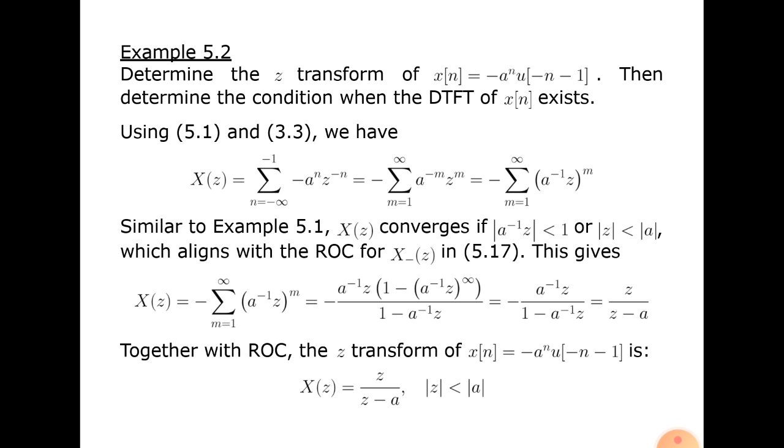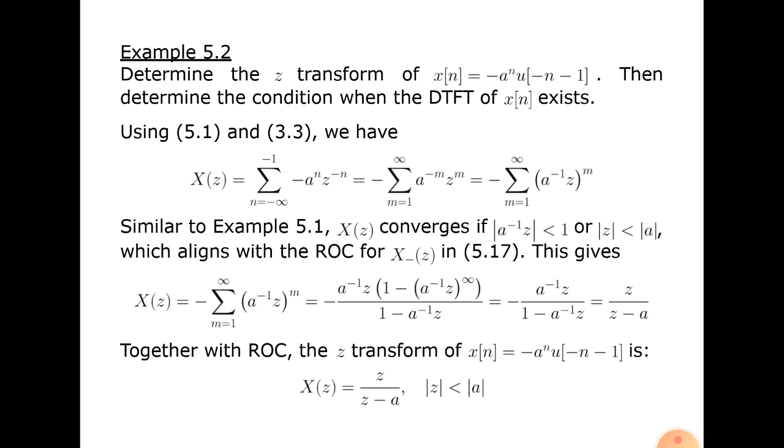So this gives the ROC for x of z, which gives the formula x of z equal to minus summation m equals 1 to infinity of a power minus 1 z, the whole power m, which is equal to a inverse z into 1 minus a inverse z, the whole power infinity, divided by 1 minus a inverse into z, which is equal to z divided by 1 minus a.